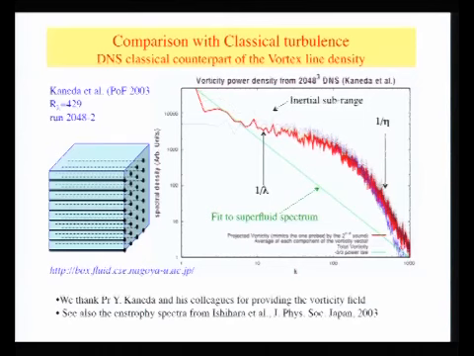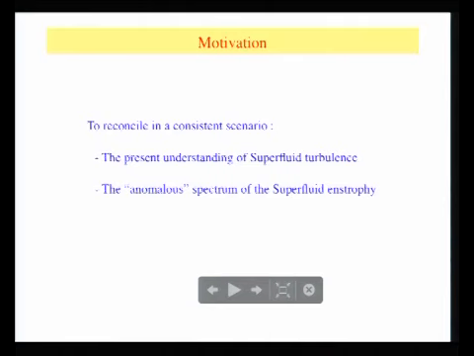For this fit in superfluid helium, you should only look at the slope, not the position. We just put it here to see. So the entropy spectrum in superfluid seems to be different from the entropy spectrum in the classical fluid. And this is the problem that we wanted to address with a model.